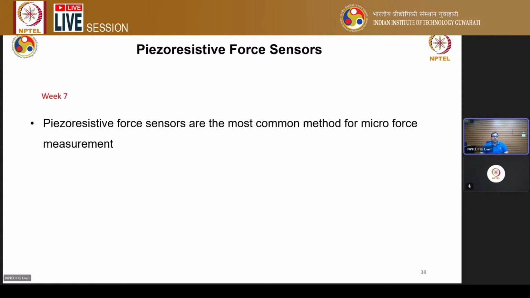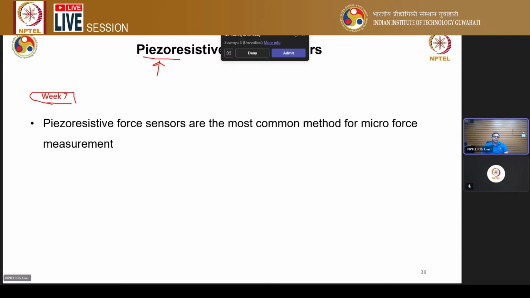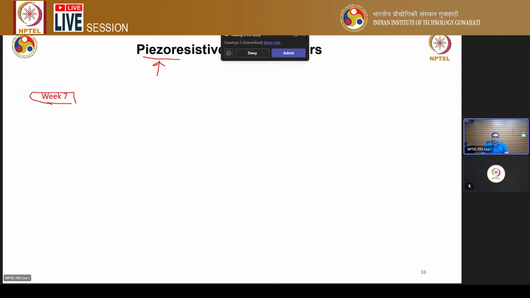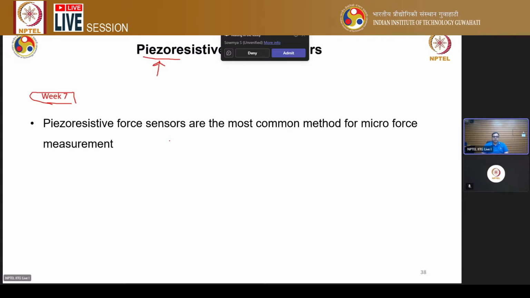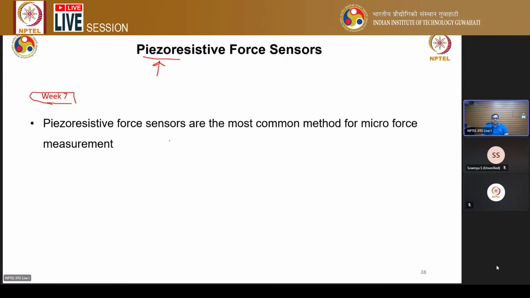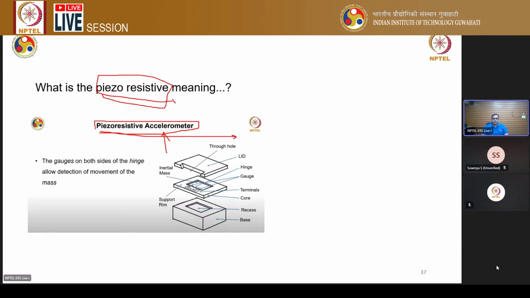But if you check your course, in the 7th module we discussed piezoresistive force sensors and piezoresistive materials in detail, and again in module 10, where we discuss the accelerometer, we have used the same concept of piezoresistivity. So I will try to explain piezoresistivity once again in terms of force sensors, and then we'll come back to the piezoresistive accelerometers.